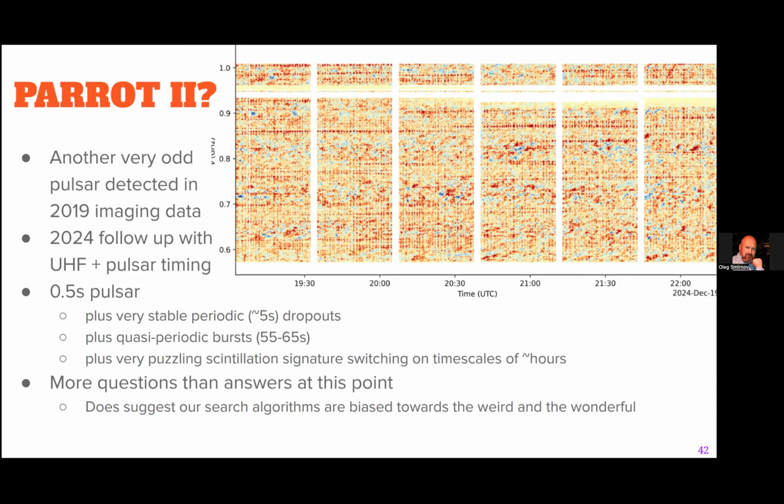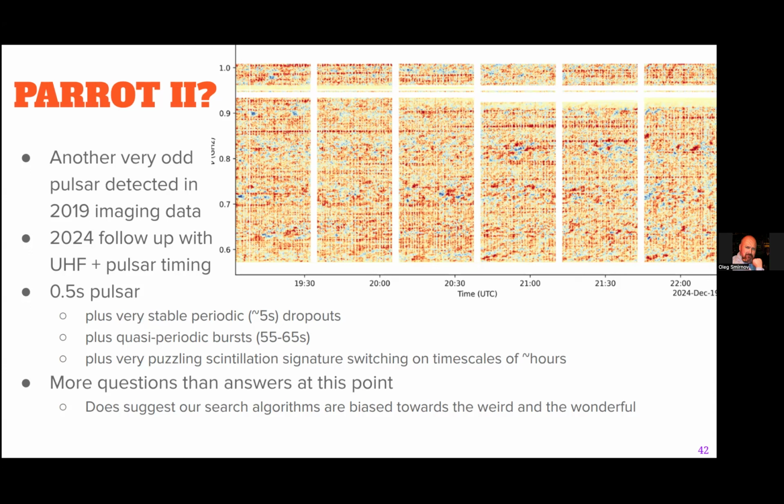It's a very odd pulsar, so it's a millisecond pulsar, it's half a second period. Plus on top of that half a second pulsar period, which of course we don't see in the visibility data, because visibility data is 8 seconds or 2 seconds. But what we do see in the visibility data are dropouts. So on a 5-second period, this thing has like a pulsar, people call it a nulling event, but it seems too strange for a nulling event.